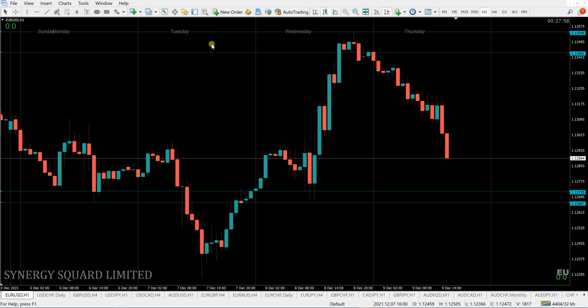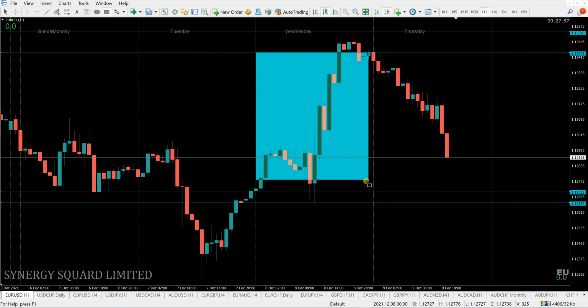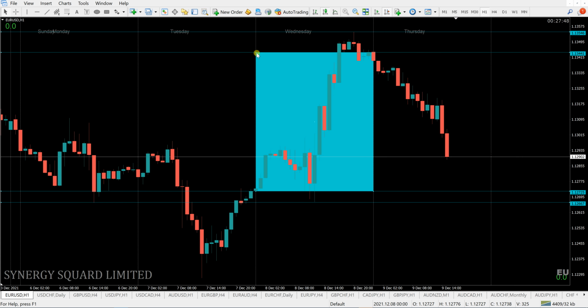So in drawing the body, we are going to cover it this way. The open and the close give us the body, whereby the highest high and the lowest low give us the wick. And so we're going to put the wick this way, and then we're going to do it this way.